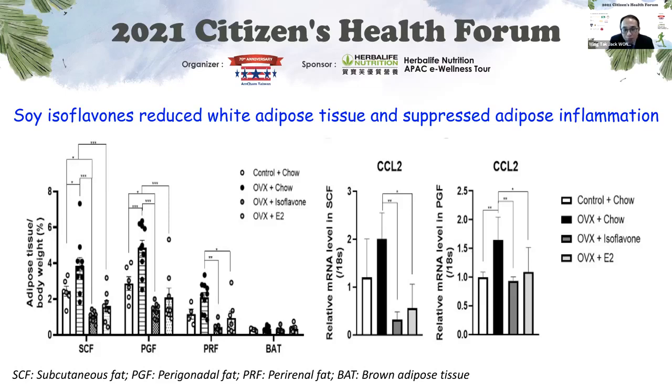The expression level of CCL2 in white adipose tissue increased significantly in OVX mice. The levels of CCL2 were suppressed in the mice which took soy isoflavones, implying that soy isoflavones not only decrease the weight of the white adipose tissue, but also the expression of inflammatory markers within these tissues.